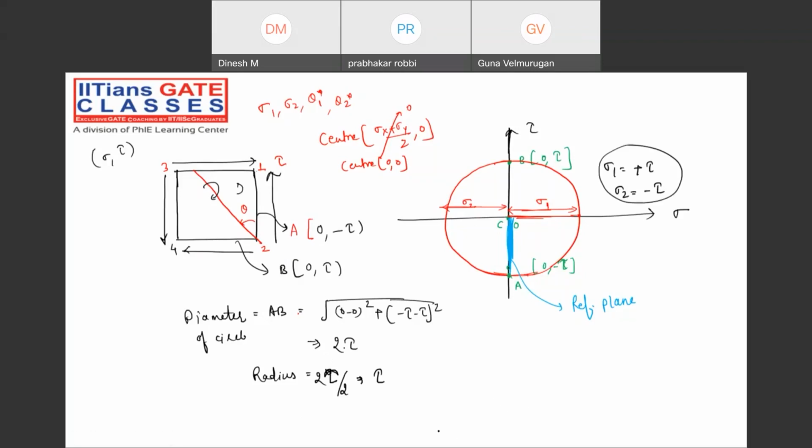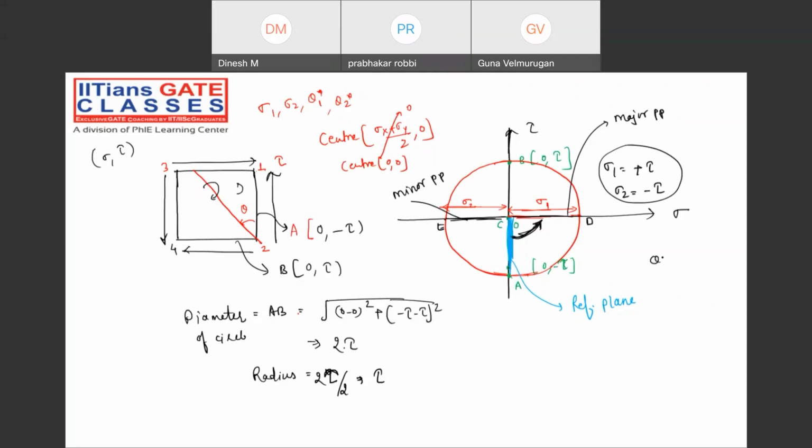Now, once you have all this clarity, tell me theta 1 star. From the reference plane, what is the angle of this? The CD plane is the major principal plane. CE will be the minor principal plane. In the anti-clockwise direction, this angle is 90 degrees.